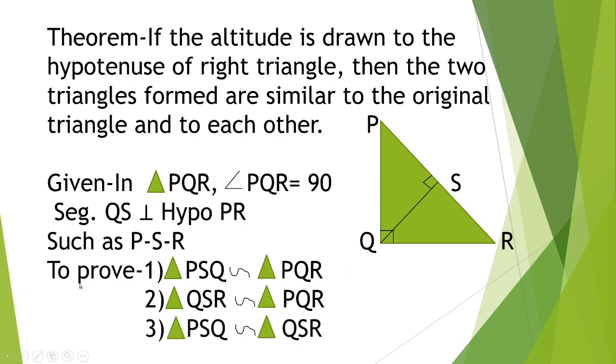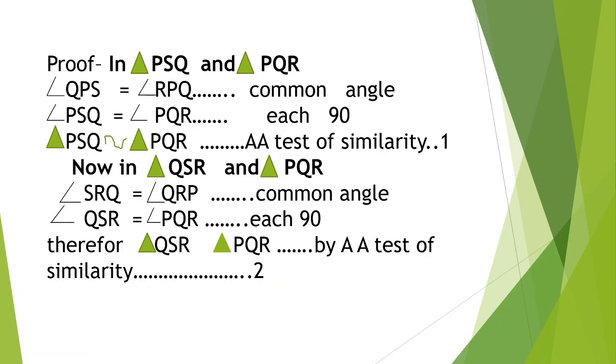So to prove: triangle PSQ similar to triangle PQR, triangle QSR similar to triangle PQR, and triangle PSQ similar to triangle QSR. Means both formed triangles are similar to each other and similar to the original triangle.